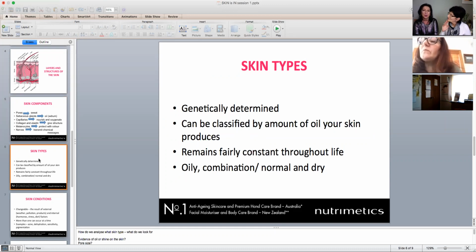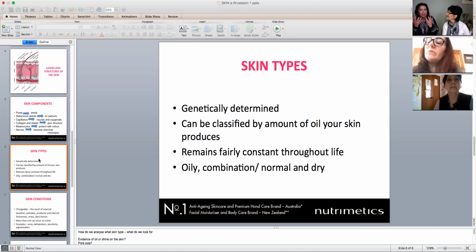In the nicest possible way, you've got to say, it's not dry skin, it's actually dead skin, and you've got so much of it now that you can physically feel it and see it. Your skin type does not change. It's your skin condition that does, which we're going to talk about next.